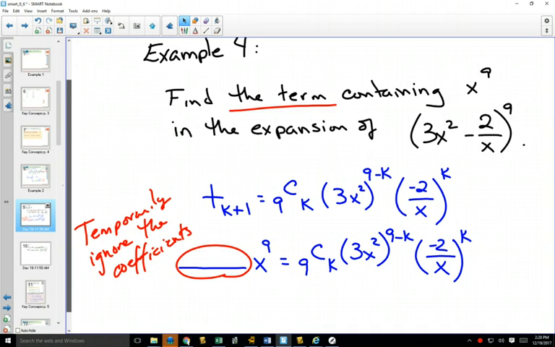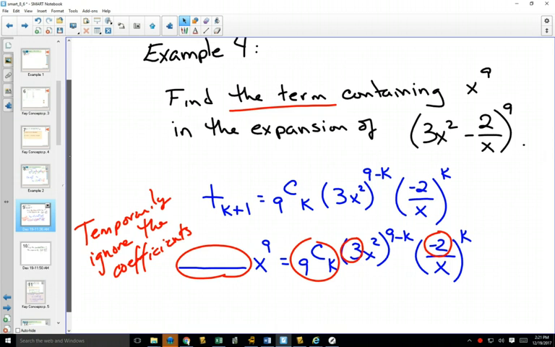I'm going to ignore the 9 choose k because that's going to be a number that when you multiply it all together in the end, that's going to be a number in front. I can ignore this 3. And I'm also going to ignore this negative 2, but maybe I'll ignore it next step. What I want to do is use only my powers, my base of x and my exponents, to figure out what k is.